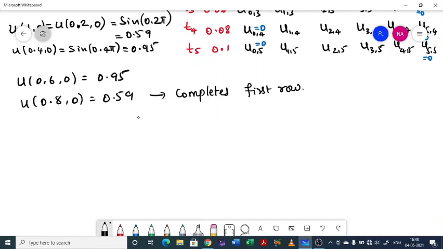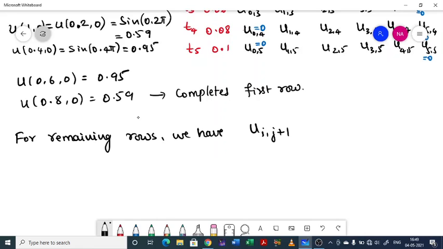So for the remaining rows you have to use the Bender-Schmidt formula. That is, for remaining rows, we have to use the formula u I comma j plus 1 equal to 1 by 2 times of u I minus 1 comma j plus u I plus 1 comma j. So using this formula I have to compute the remaining values.